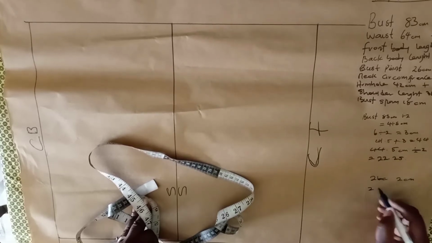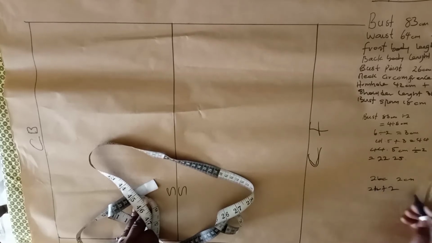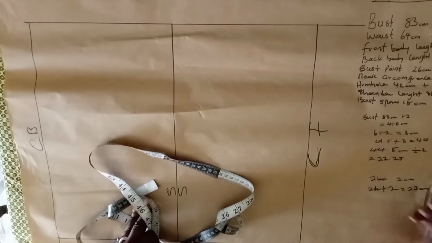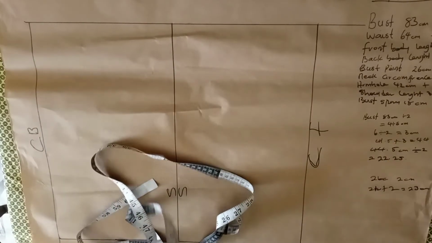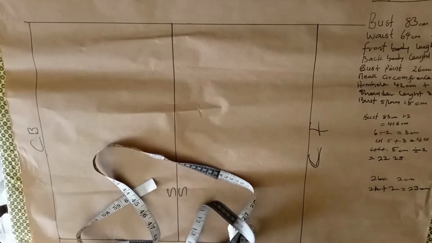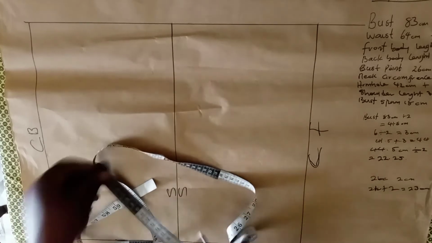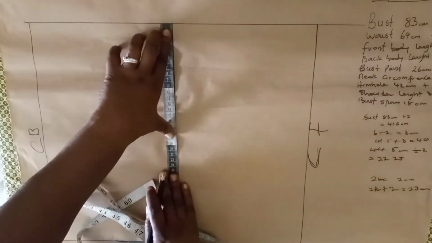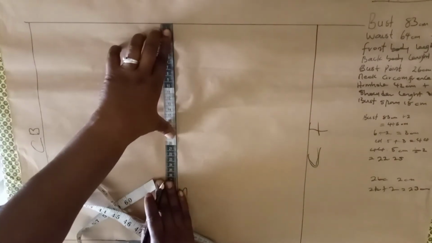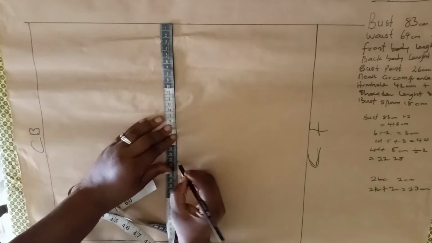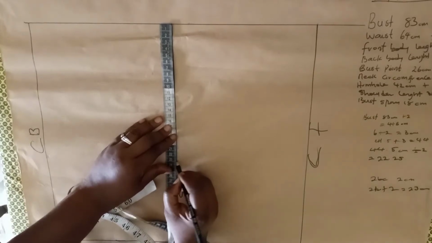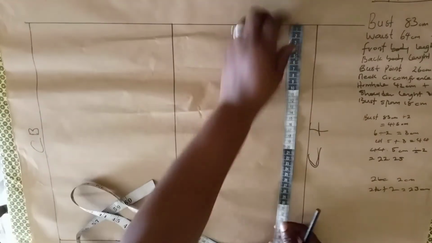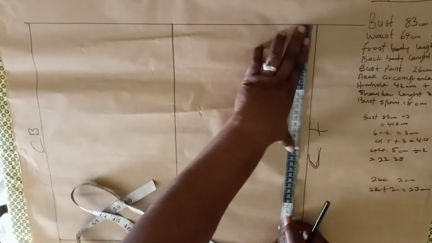Now, 21 plus 2 centimeter gives us 23 centimeter. That is our armhole depth. You place your tape on the side seam. You mark out your 23.